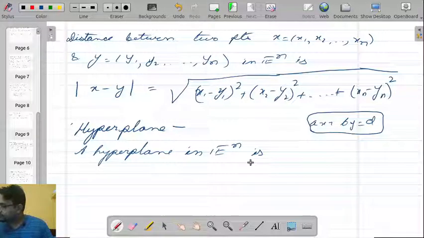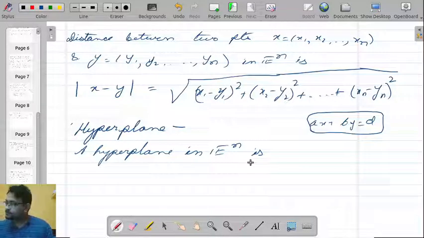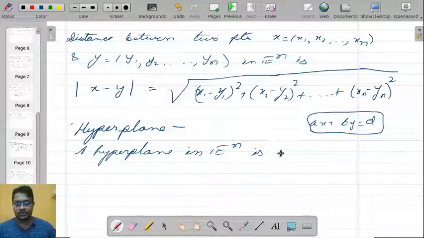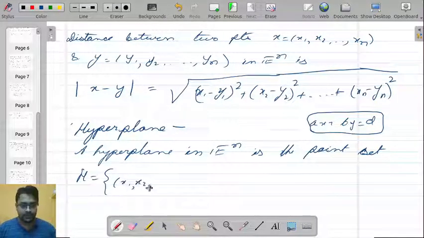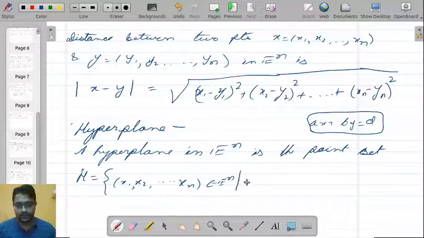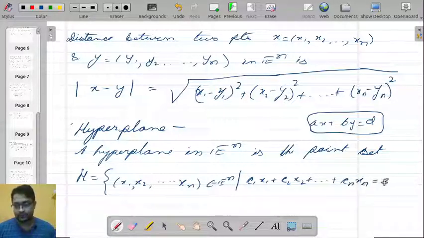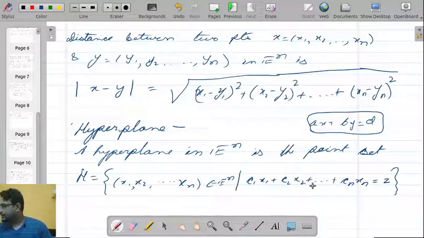A hyperplane in E to the power n is the point set H equal to the set of all (x1, x2, up to xn) in E to the power n, such that c1 x1 plus c2 x2 plus dot dot dot up to cn xn is equal to some quantity z.